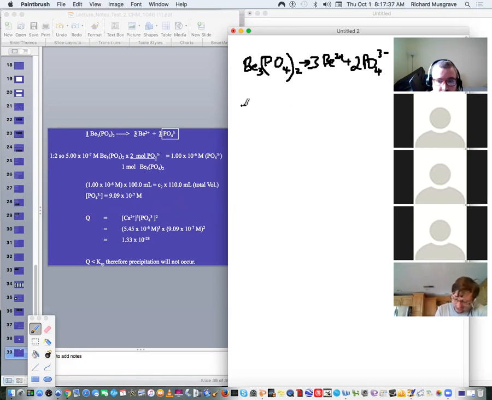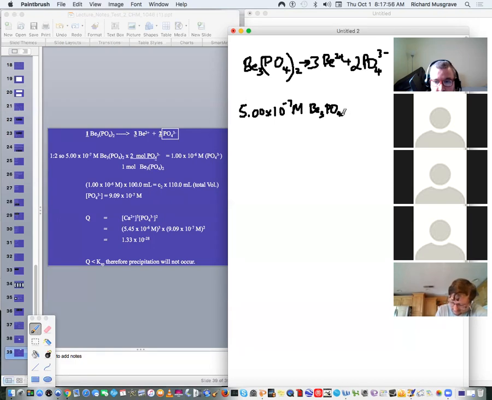So we have an initial concentration of the beryllium phosphate of 5.00 times 10 to the negative 7 molar. And that's for Be3(PO4)2.